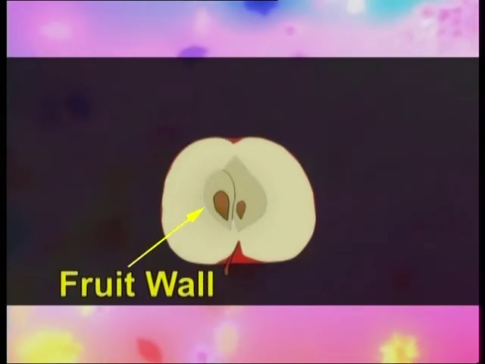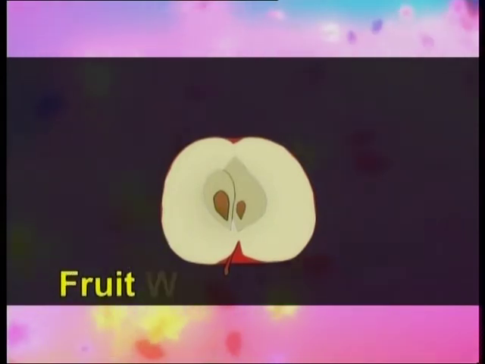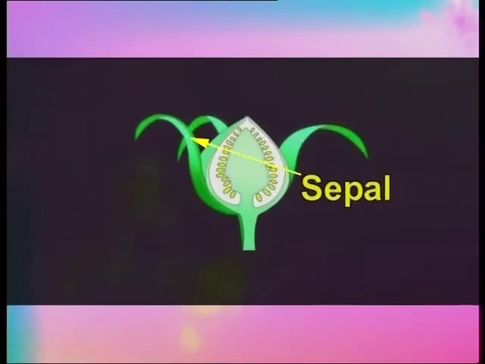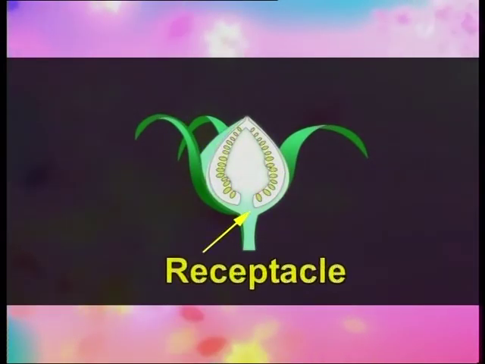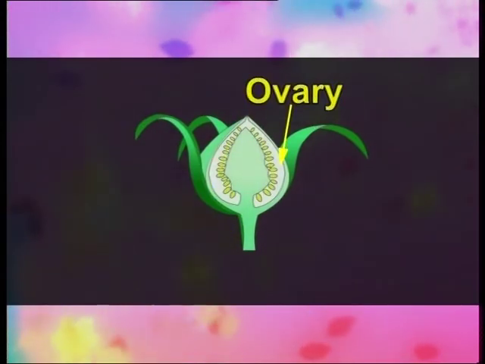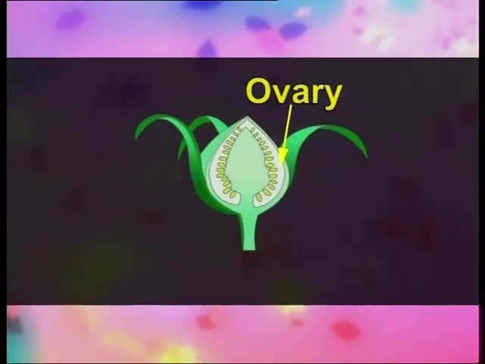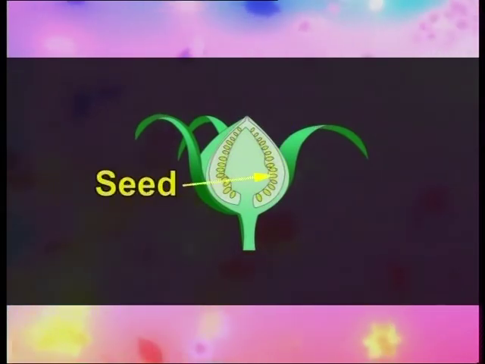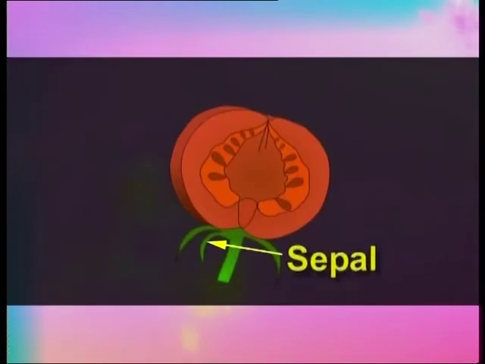Yum, I like apples. What about this plant? This is the tomato plant, and during post-fertilization, the ovary will grow and its petals and stamens will fall off. Finally, the fruit turns ripe and is ready to eat. Yum yum.